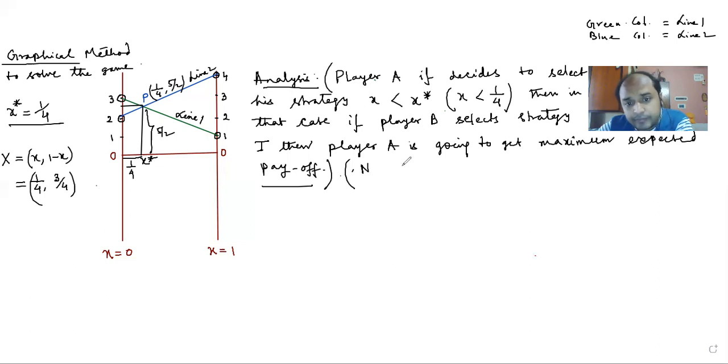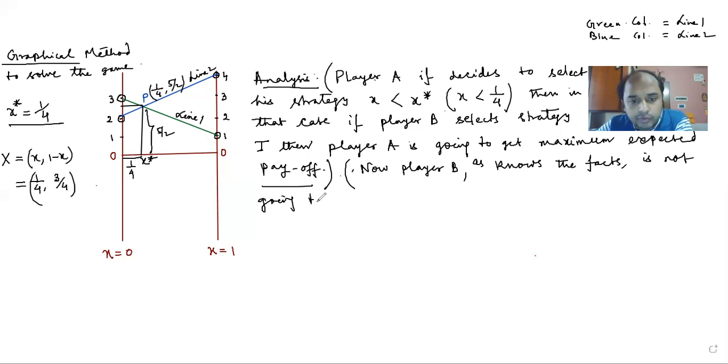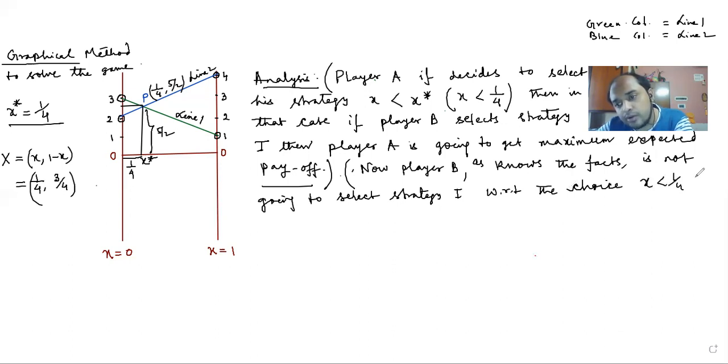Now, player B, as he knows the facts, is not going to select strategy 1 with respect to the choice x less than 1 by 4 of player A.